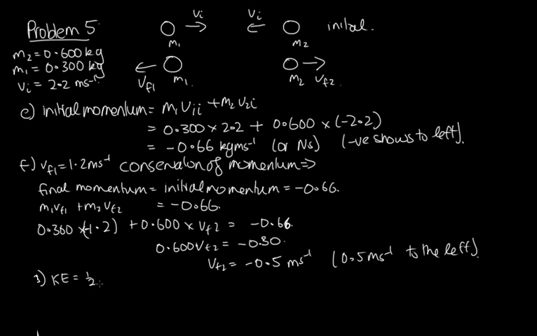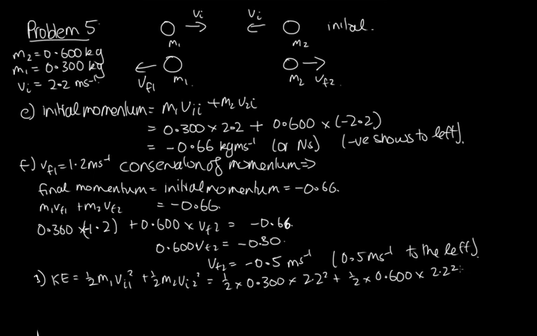So that is equal to a half m1 v initial 1 squared plus a half m2 v initial 2 squared. So that's a half times 0.300 times 2.2 squared plus a half times 0.600 times 2.2 squared. And solving that one on the calculator, we end up with 2.178, which is 2.2 joules to two significant figures.